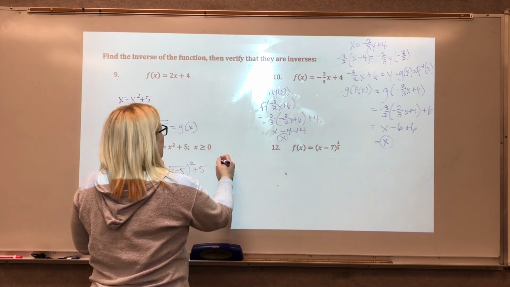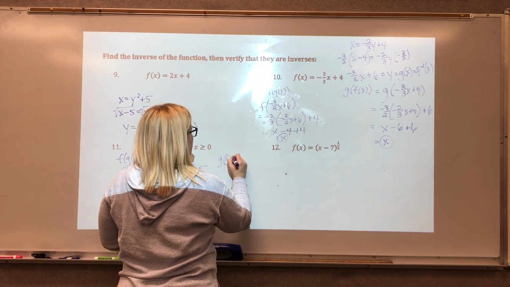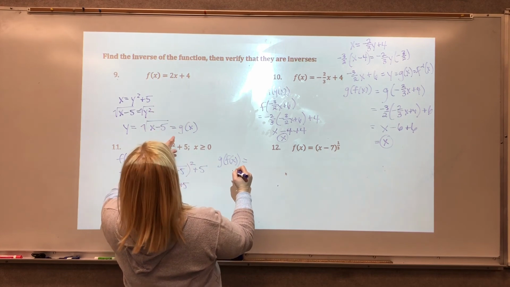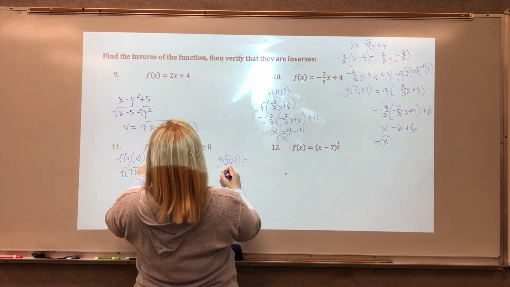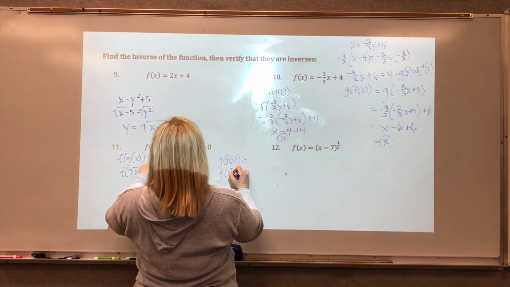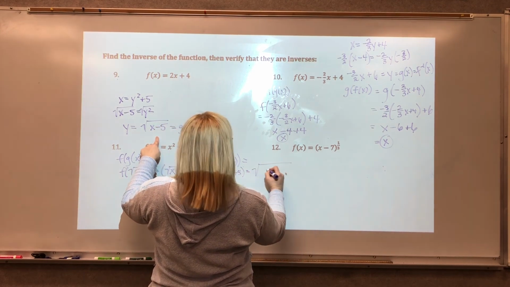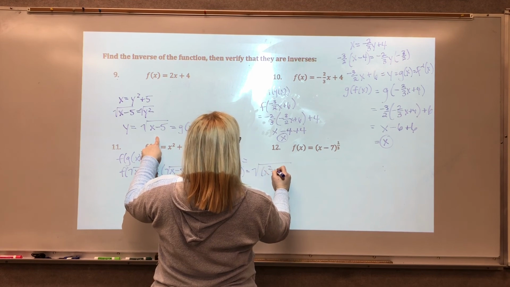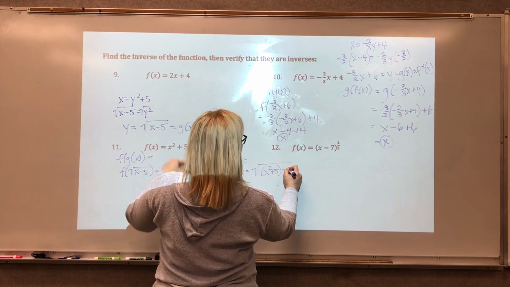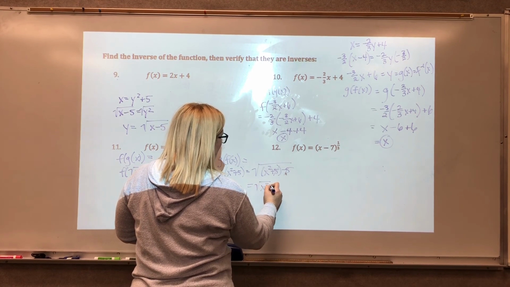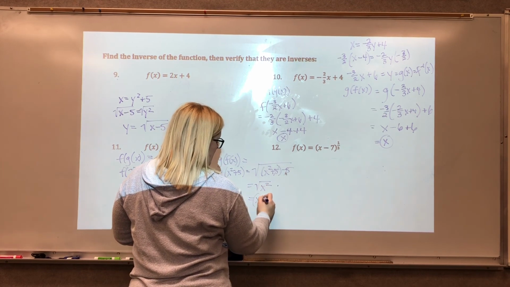All right, and g of f of x is g of x squared plus 5 equals the square root of x squared plus 5 minus 5. Those cancel. I'm left with the square root of x squared, which is x.